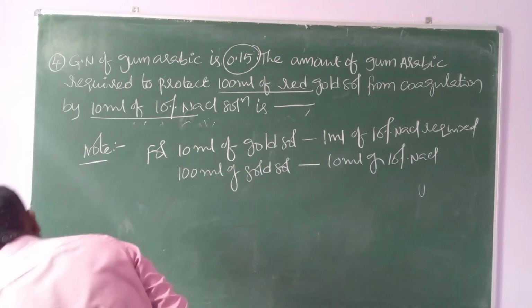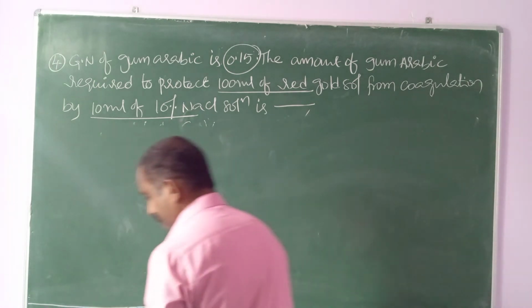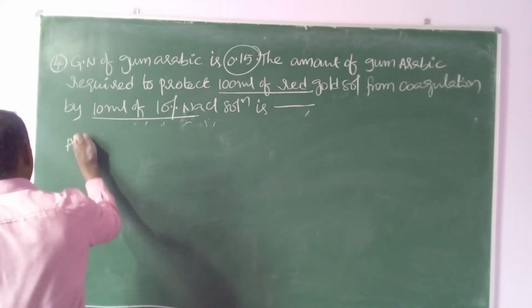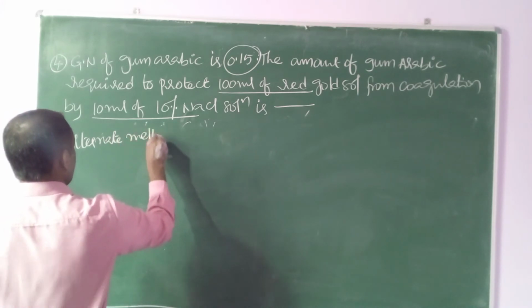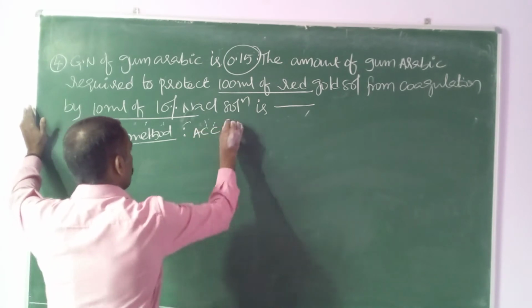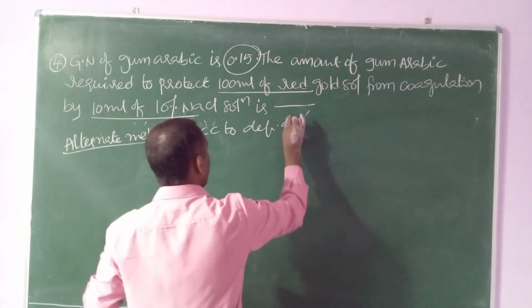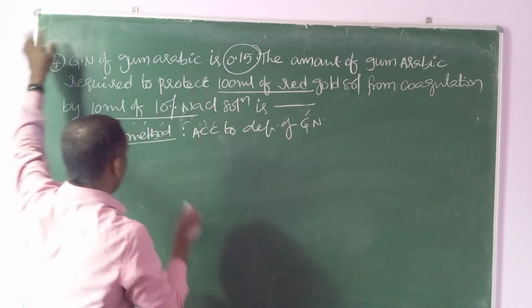Otherwise, alternate method. According to definition of gold number. Here gold number 0.15 milligrams they given.